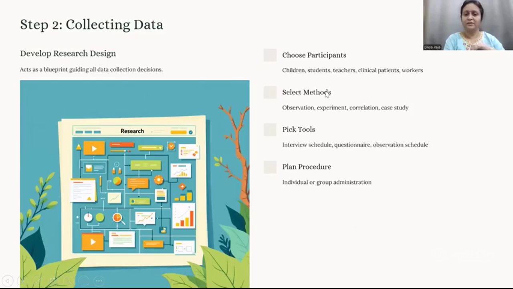Then I have to select my method, whether I'll use observation method, experiment method, survey, or so on. Then I will pick my tools. Either I will have to interview parents and teachers, or I have to observe these children at school. Then I need to plan my procedure. Whom will I administer my questionnaire on? Either individual children or the whole group as such.